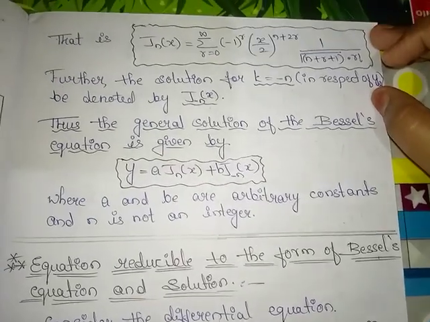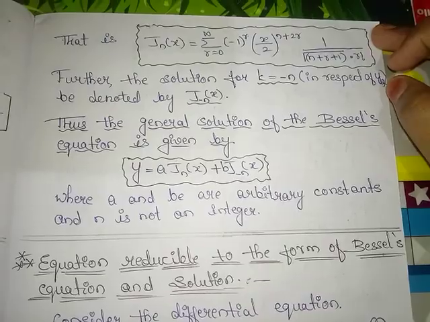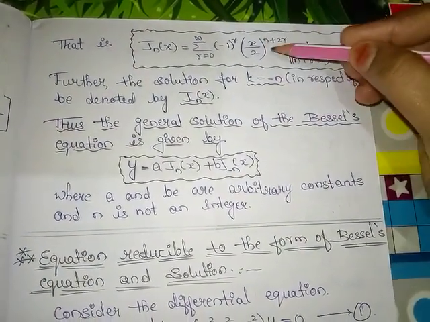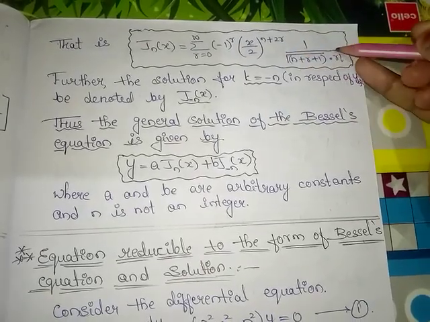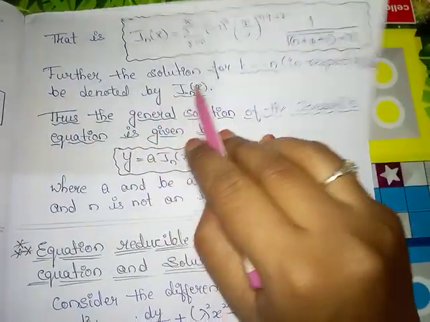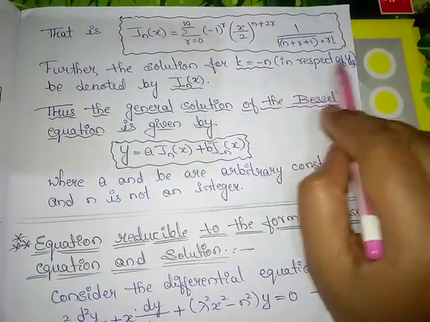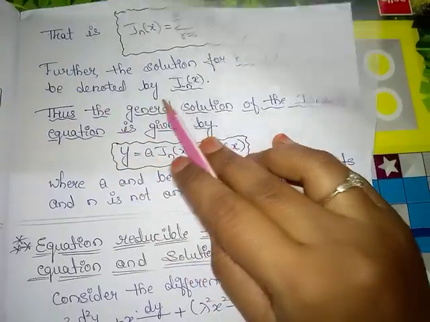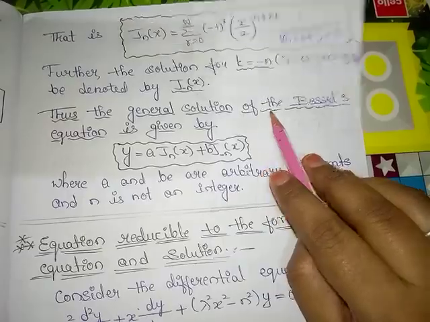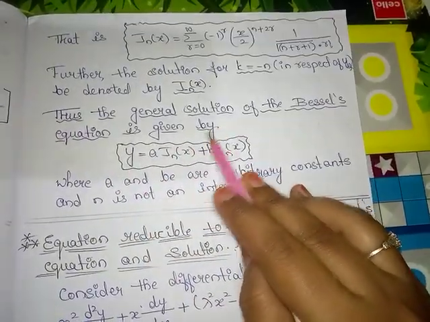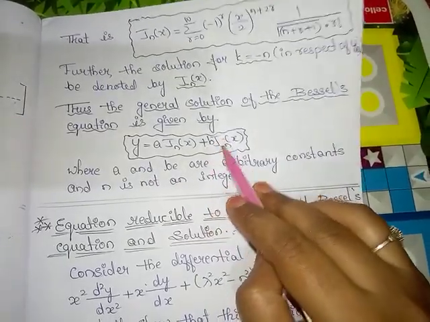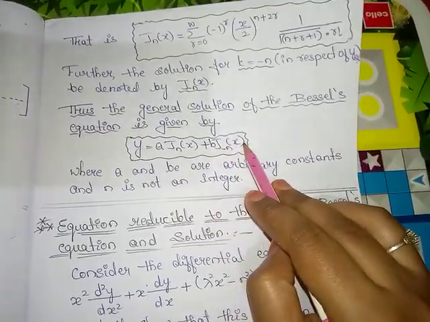Therefore, Jn of x is equal to summation r running from 0 to infinity, minus 1 raised to r, x by 2 raised to n plus 2r, into 1 divided by gamma of n plus r plus 1 into r factorial. Further, the solution for k equal to minus n in respect of y2 is denoted by J minus n of x. Thus, the general solution of the Bessel differential equation is given by y is equal to a into Jn of x plus b into J minus n of x.